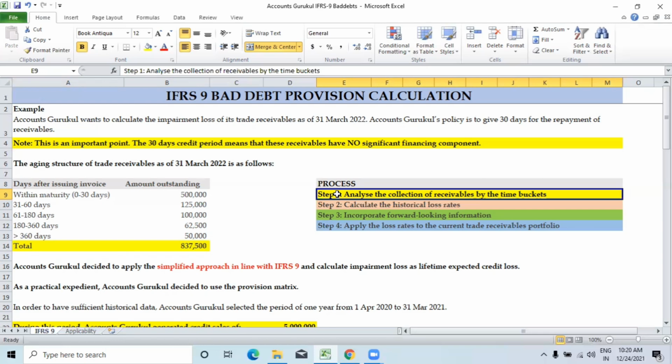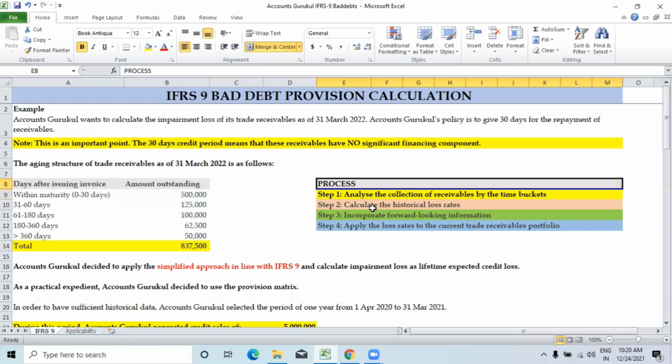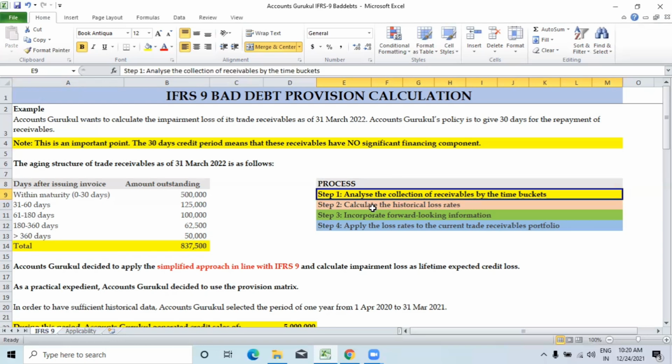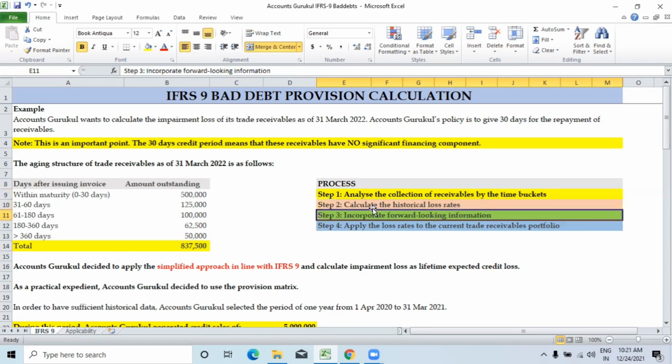Before we start, these are the steps to calculate the bad debt provision as per IFRS 9. Step 1, analyze the collection of receivables by the time bucket. Step 2, calculate the historical loss rates. Step 3, incorporate forward-looking information. Step 4, apply the loss rates to the current trade receivables portfolio.